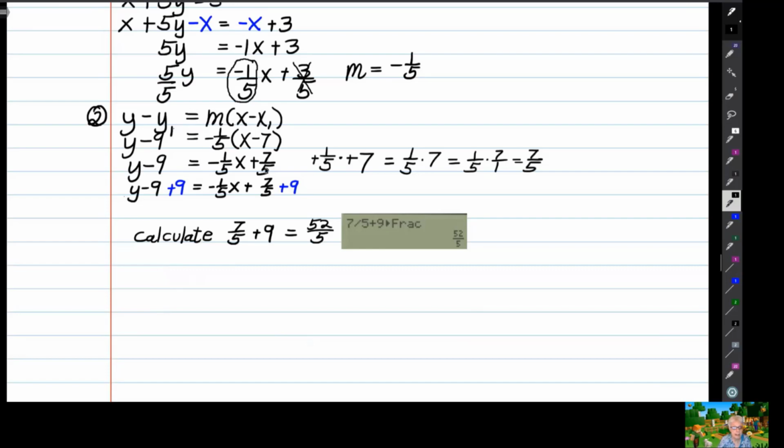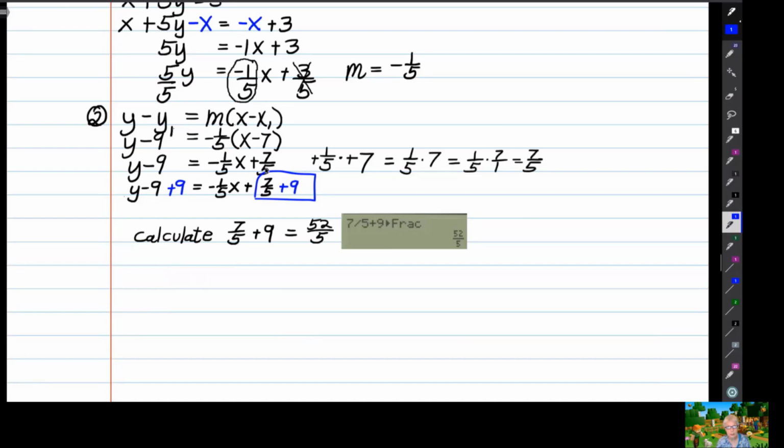So now I have y minus 9 equals negative 1/5 x plus 7/5. So y minus 9 plus 9, because I have to get y by itself, plus 9 on both sides. I now have to calculate what the heck is 7/5 plus 9.